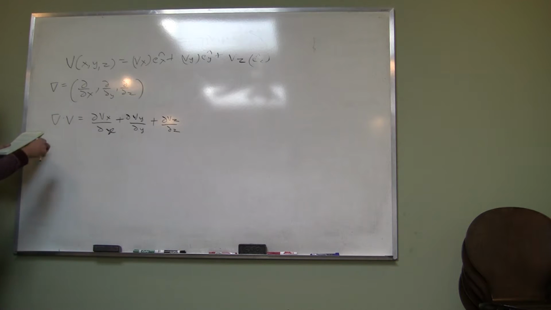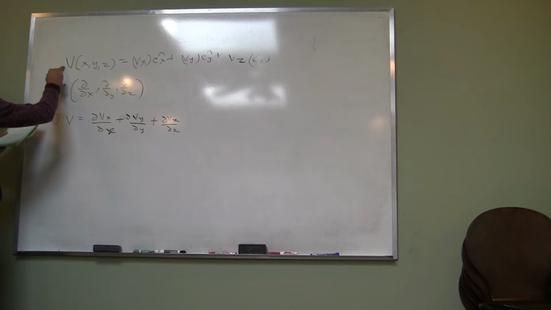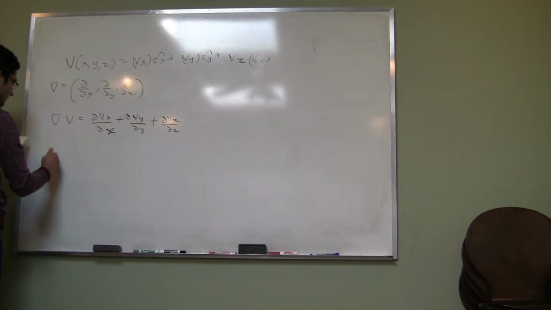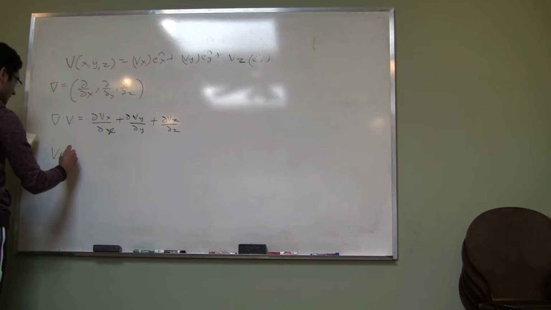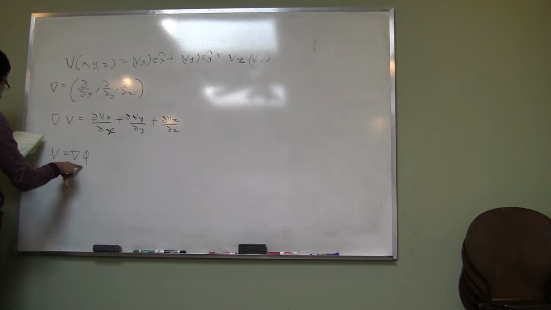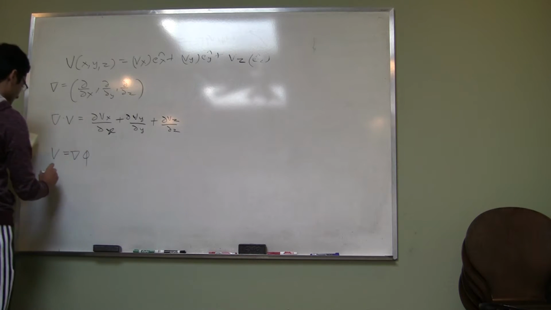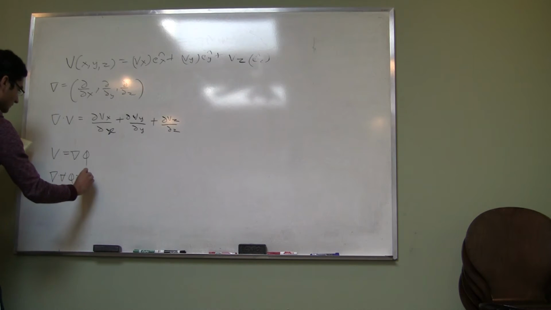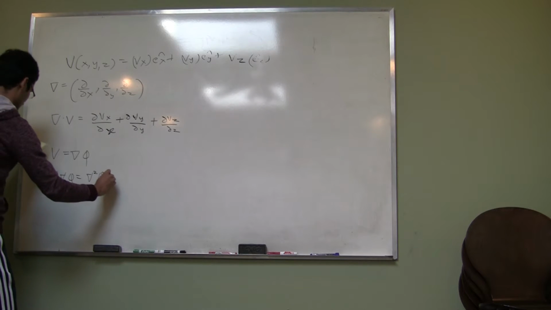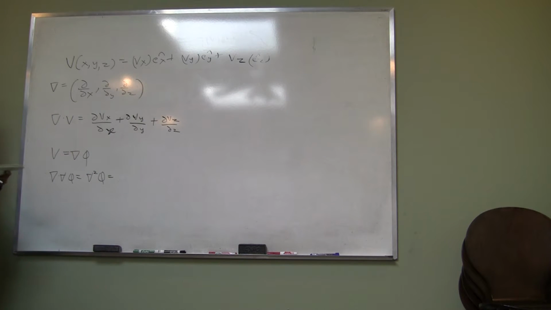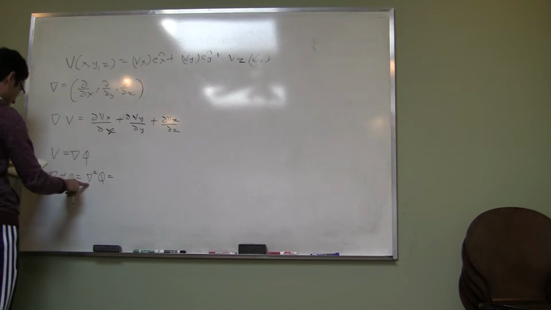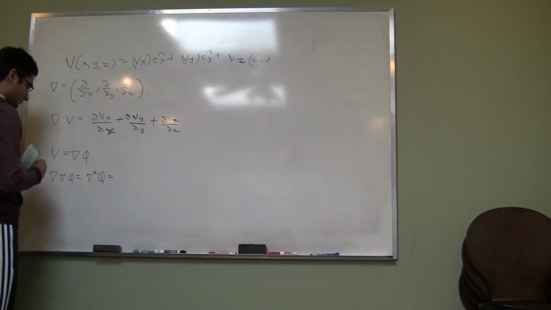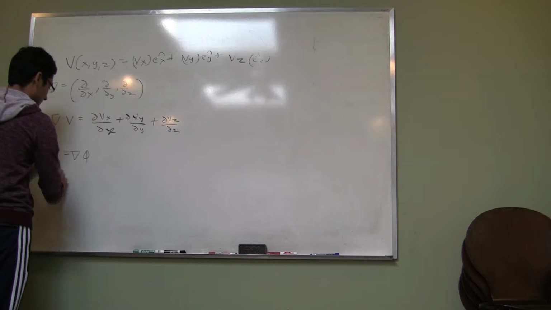So if v is the gradient of a scalar field phi, so phi is the scalar field and v equals del phi, then the divergence is del squared phi, which is called the Laplace operator. I guess you know that. So this is just the basic stuff.